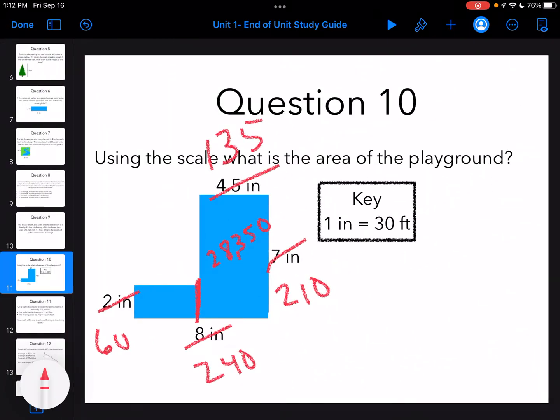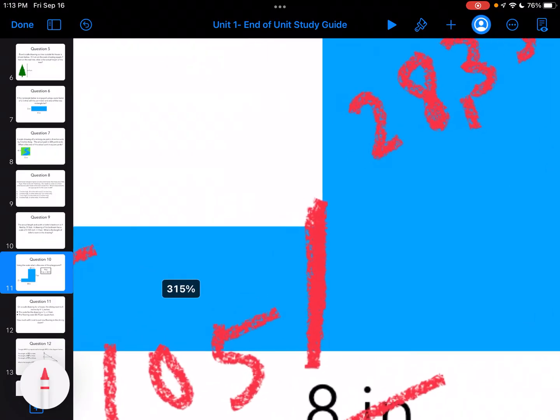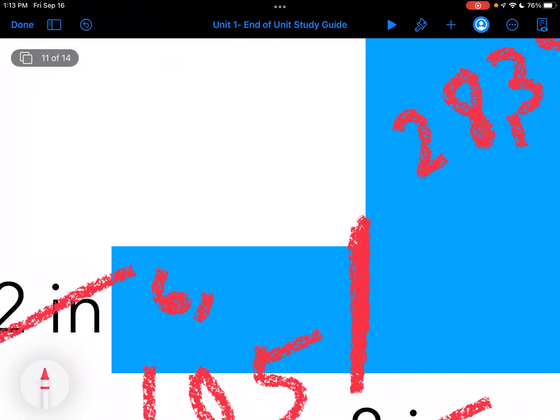And then I've got 240 minus the 135. I get 105. So this part right here has to be 105. So 60 times 105, I get 6,300.